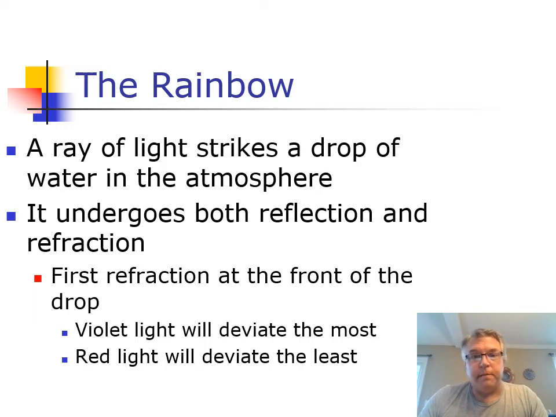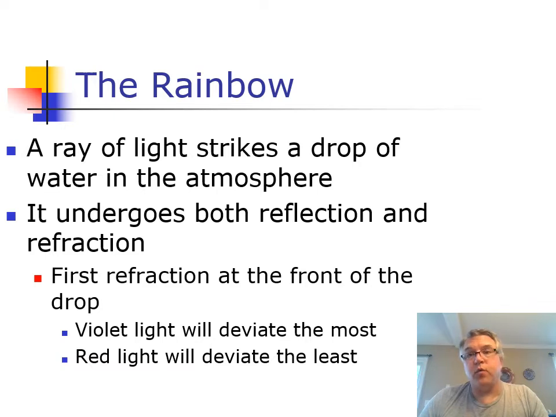We know that a ray of light will strike a drop of water in the atmosphere, and when it does strike that drop of water, it's going to cross the boundary between the air and the water. And when it does that, it is both going to reflect and refract. So it's going to refract at the front side of the water droplet. So when the light first hits the water droplet, it's going to refract as it travels from the air into the water.